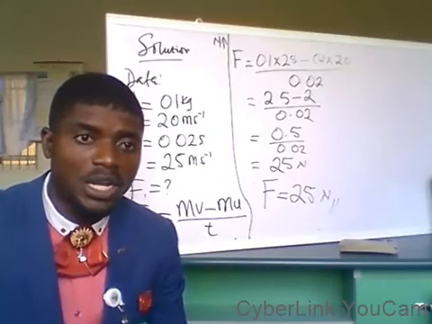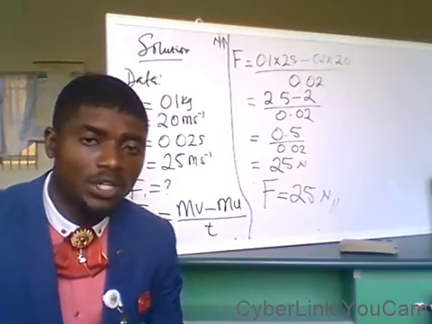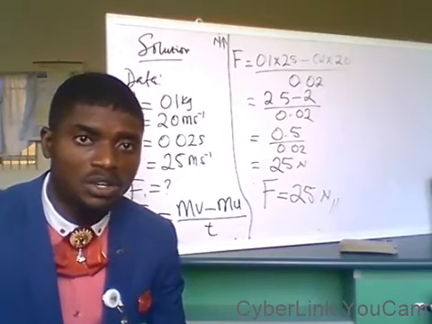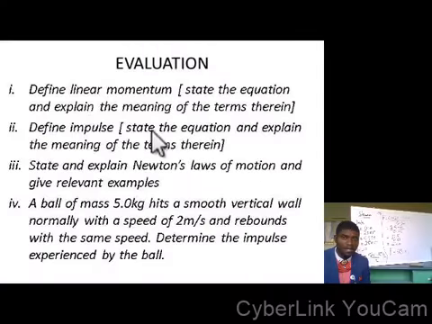We intended looking at the following objectives, and so we ask those questions here right now. I would like you to help me define linear momentum, state the equation, and also explain the meaning of the term bearing. Define impulse, state the equation, and also explain the meaning of the term bearing. State and also explain Newton's laws of motion and give relevant examples. And of course, help me do this work you see here, that determine the impulse experienced by these moving objects.